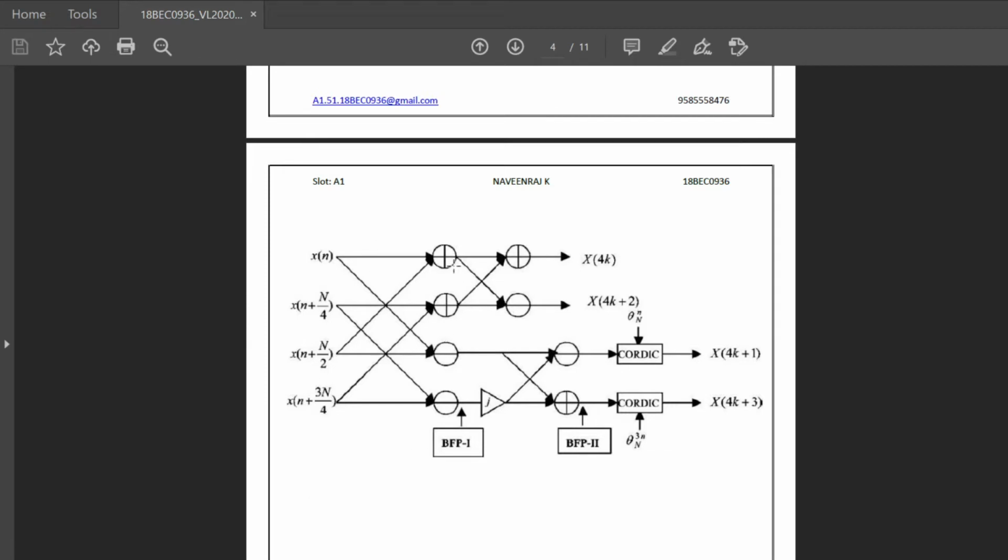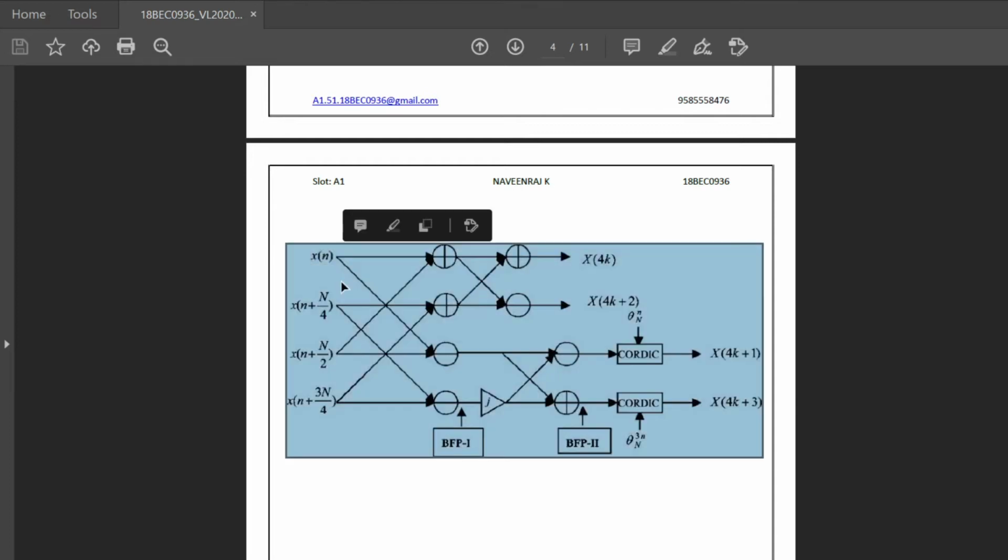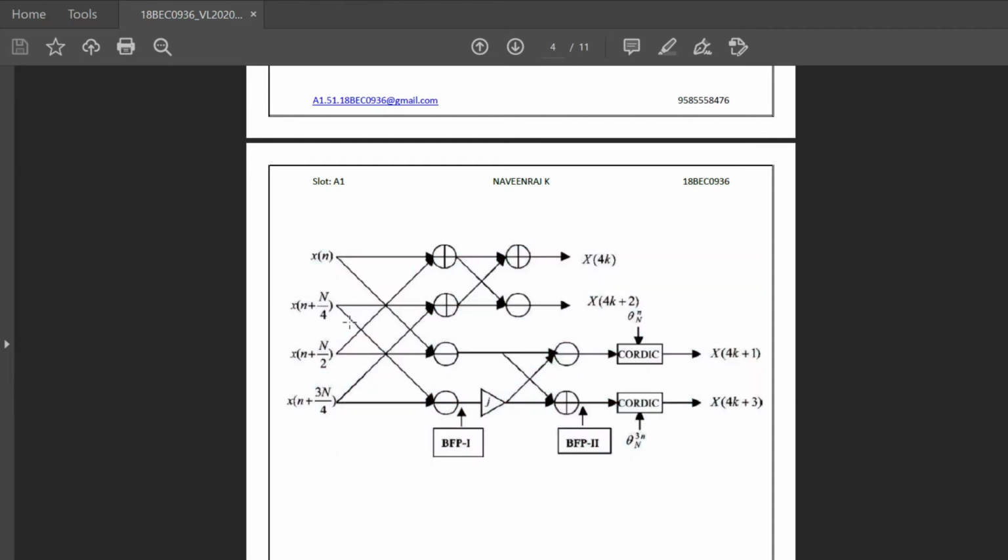These values are put into the four different neurons in an interchanging manner, combining each and every value with the other values. Suppose x of n is there, and we take x of n plus N by 2, and we take a Fourier transform.